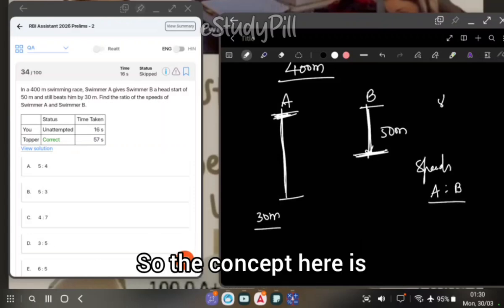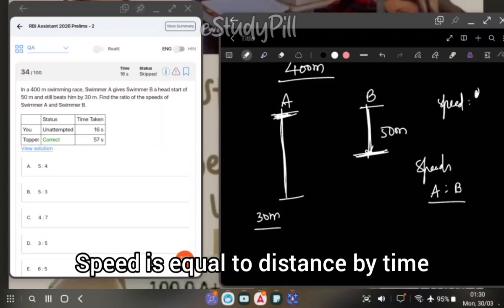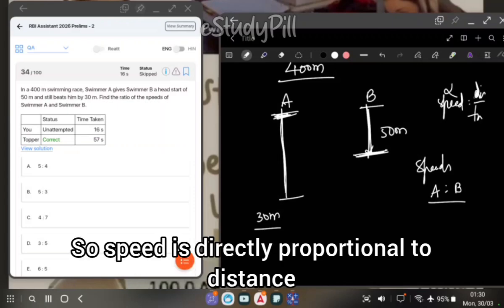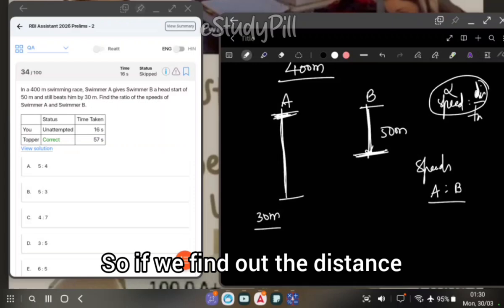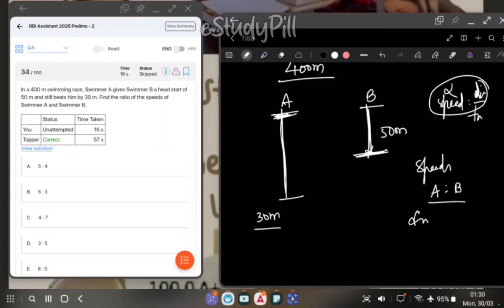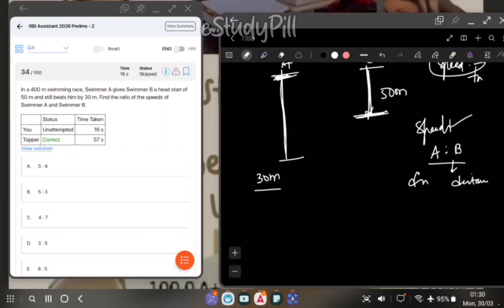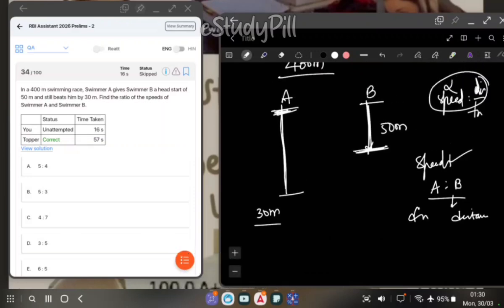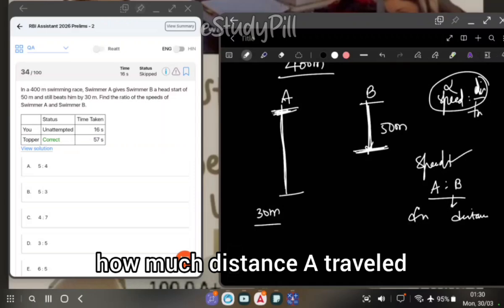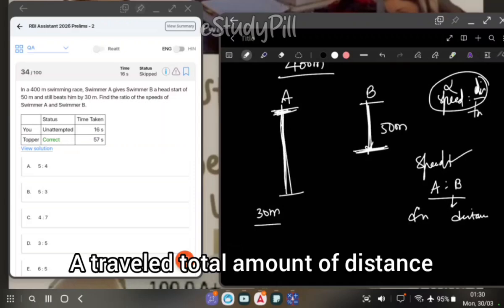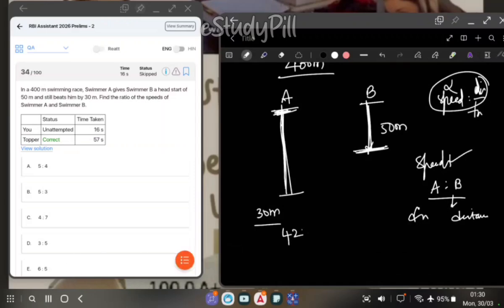The concept here is, we know the formula of speed, right? Speed is equal to distance by time. So speed is directly proportional to distance. If we find out the distance that A traveled and the distance that B traveled, then we'll be able to find the ratio of the speeds as well. A traveled a total distance of 400.